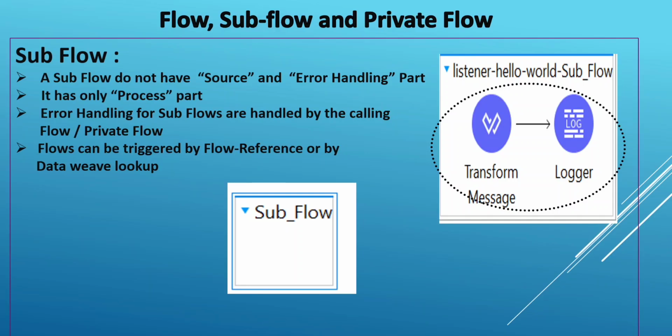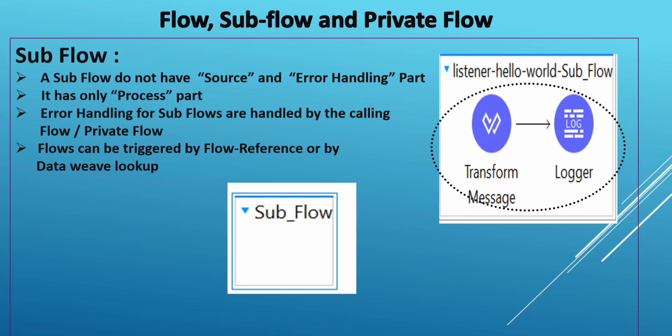These errors can be handled by the calling flow or by the private flow. Again, the same as a private flow, subflows also don't have anything in the source, because a subflow itself does not have a source part. So normally these flows will get triggered by a flow reference or by using a DataWeave lookup.